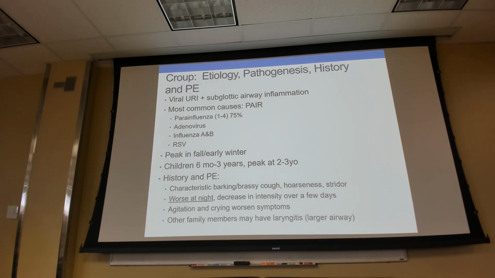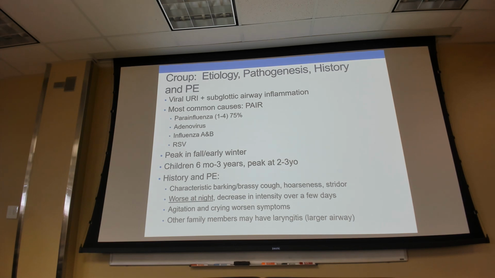So typically croup is caused by a virus. Most often, I need you to put it in your heads, parainfluenza, paraflu 1 and 2, but paraflu is usually fine to know. And you get that subglottic airway inflammation, which is the problem based on their anatomy, right where that is.